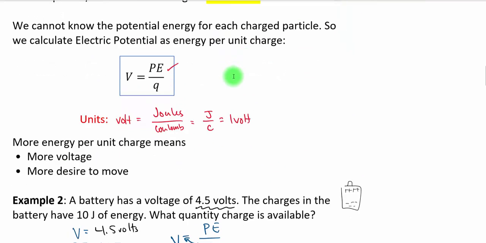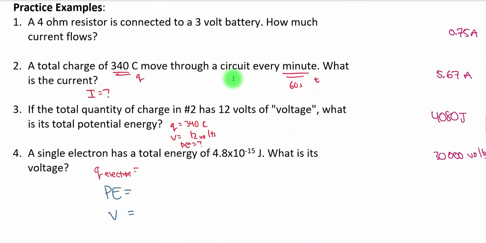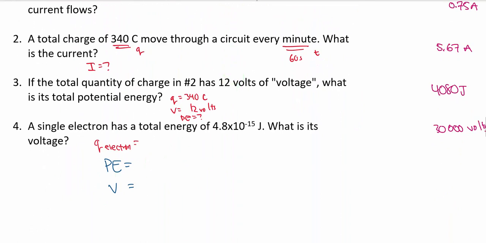So the charge quantity we're dealing with for number 4 is just one single proton, or sorry, one single electron. So the charge quantity would be 1.6 times 10 to the negative 19th coulombs, that ridiculously small little bit of charge. The potential energy, they tell us, is 4.8 times 10 to the negative 15th joules, and we want to know what the voltage is.